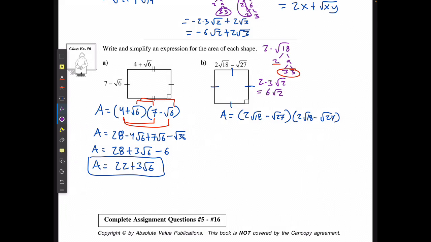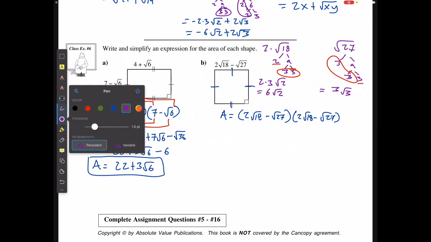If I have the square root of 27, that's going to be 3 and 9, and 3 and 3. 27 just becomes 3 root 3.